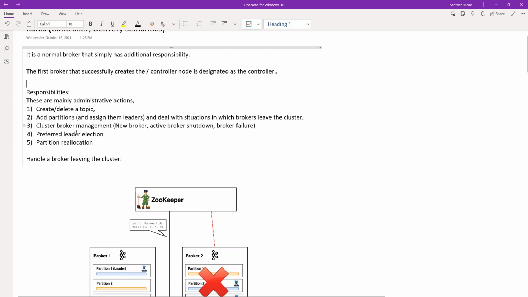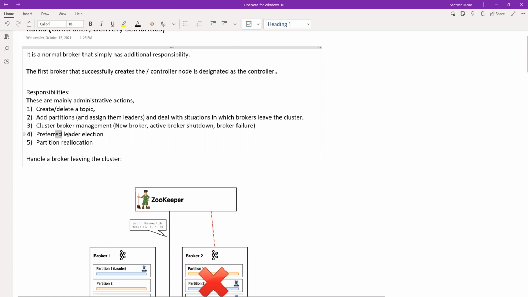So again, this is cluster broker management. Whenever a new broker is added, it takes control of how it is assigned and all that. If any broker is shutting down or a broker fails, all that cluster broker management is done by the controller.